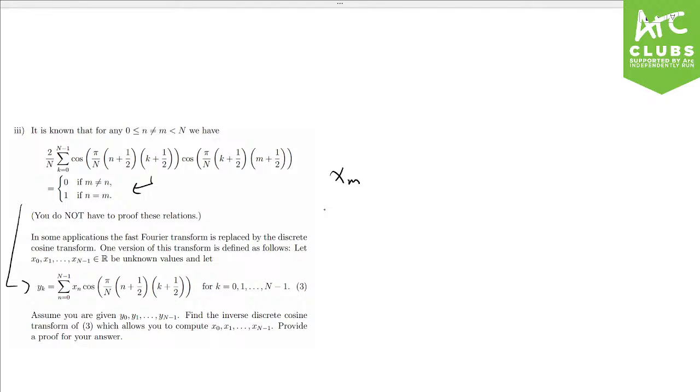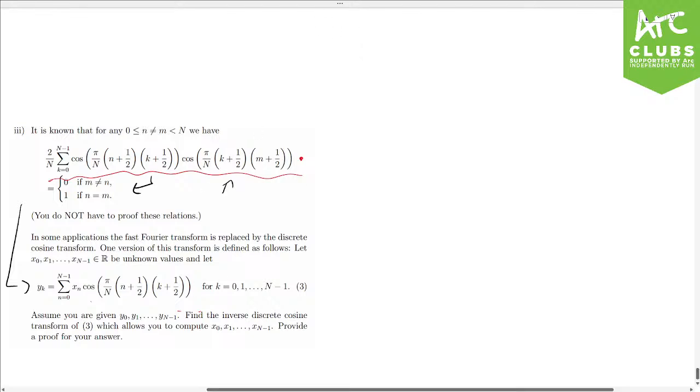Okay, so here we want to induce this expression into our formula. So this looks pretty similar to what we have here already. So we can multiply this term on and start from there.